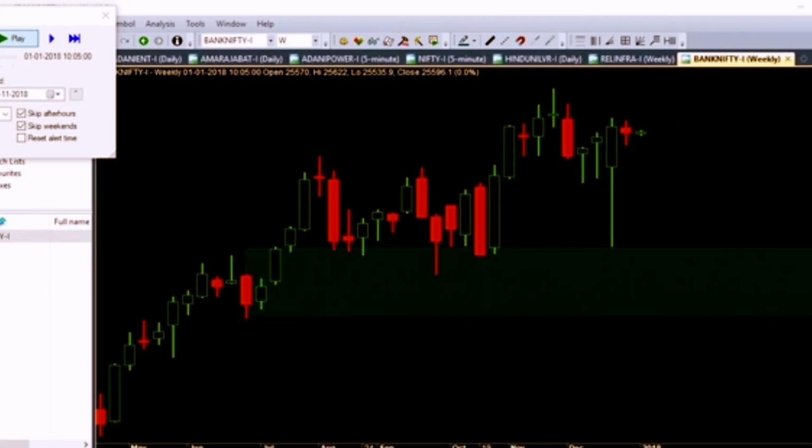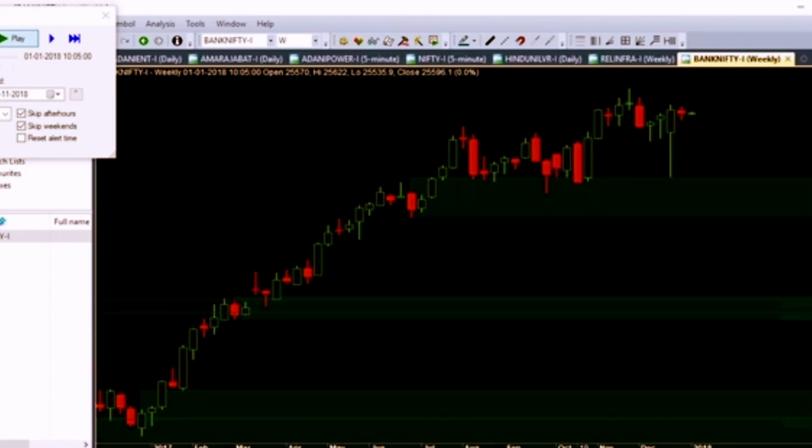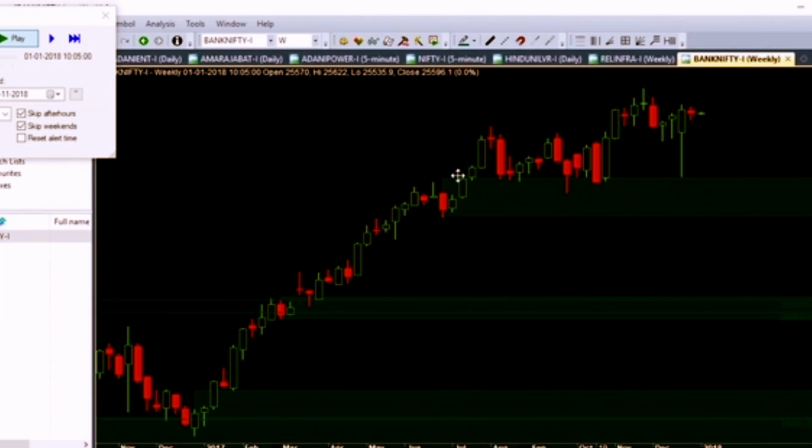Now coming back to weekly, let's minimize. Okay, I don't see any zone here. I don't see any zone here. Okay, is this a point of support? No, it is not. I will change the color to weekly color.